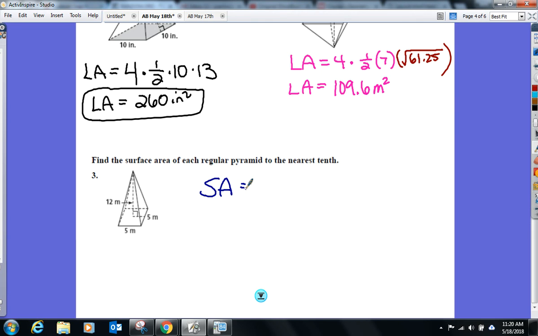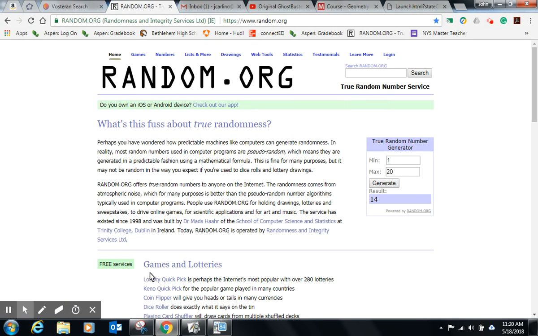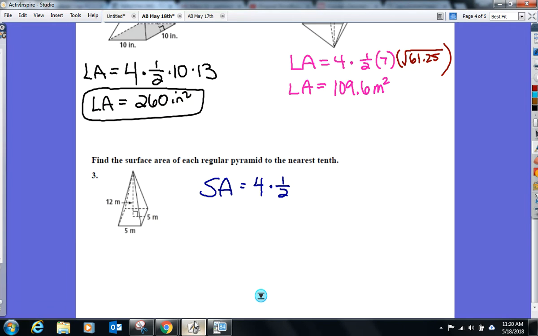Can you please start with the lateral area for me? 4 triangles times 1/2. How'd you get the base and the height? Here we go. Base and the height here. How'd you get it? 1/2. What's the base? 5 times square root of what for the 50.25. Hey, if you guys have a 13 in here, make sure you always take half the base. That's 2.5 in Pythagorean theorem, not 5.